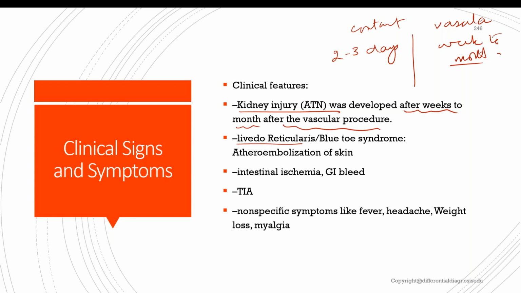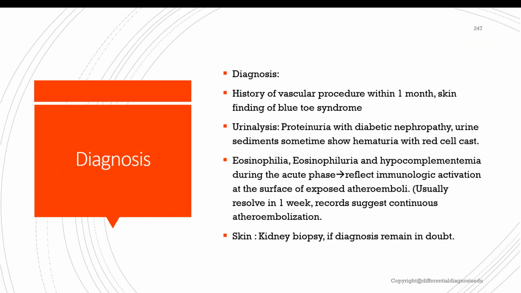They will have livedo reticularis and blue toe syndrome because of emboli blocking the end arteries of the toe. Intestinal ischemia can happen, GI bleed, TIA can happen, and then the rest can have non-specific symptoms: fever, headache, weight loss. Diagnosis is based on history: vascular procedure within a month.